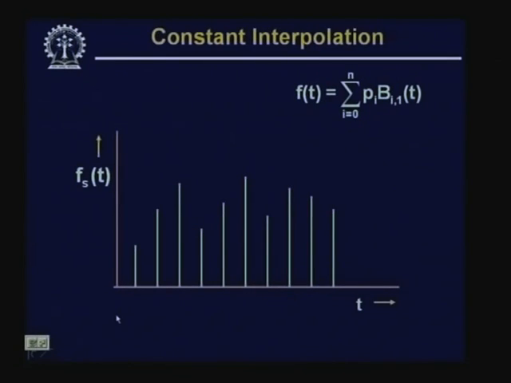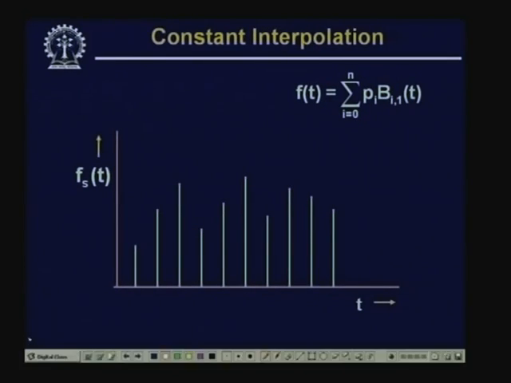As we have said earlier, using these B-splines, a function is approximated as f(t) equal to the sum of p_i b_i,k(t), where i varies from 0 to n. In this case, let us take the value of k to be equal to 1.